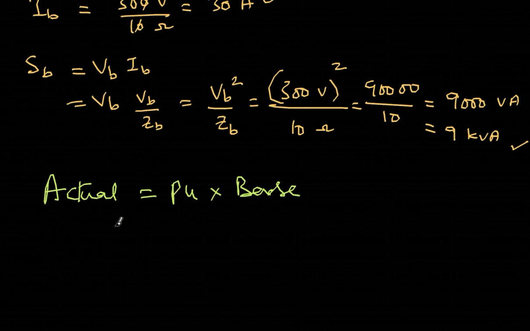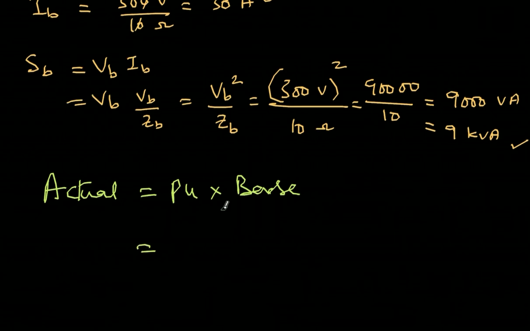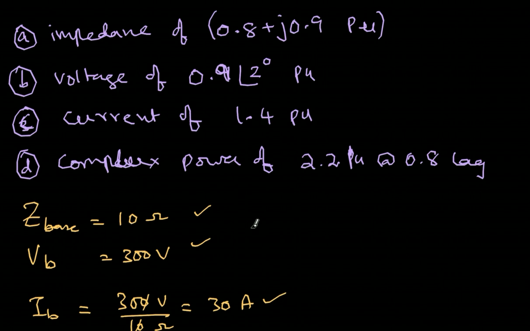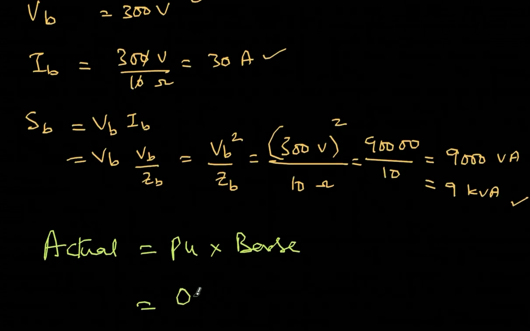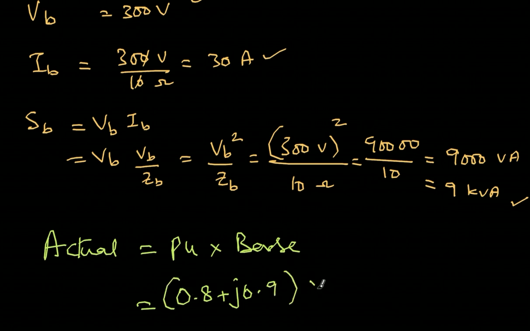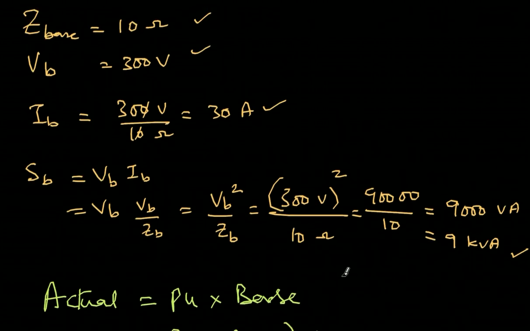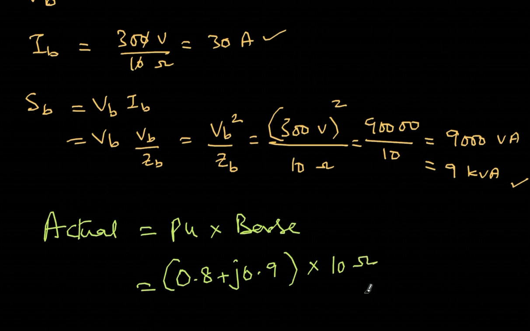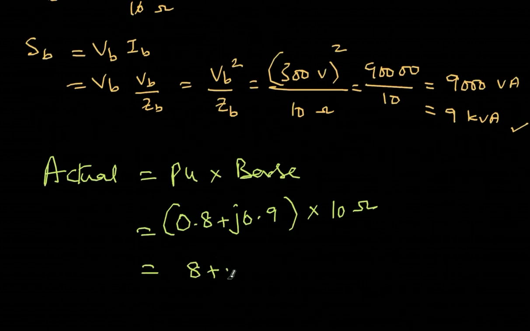So 0.8 plus j 0.9, I'll multiply by the base impedance, that is 10 ohms. Then I'll get 8 plus j 9 ohms. So this is the A part.